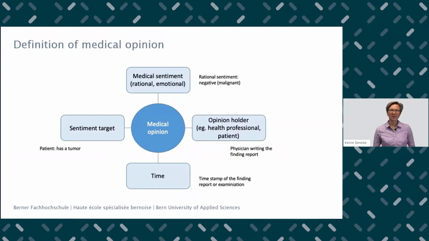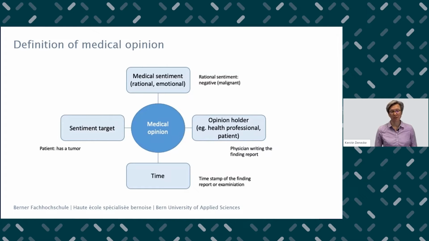So I will start with defining medical opinion. What is a medical opinion? It actually comprises 4 aspects. It has a sentiment target, which is, when we consider the sentence, the tumor is malignant, then the sentiment target is the tumor, or on a higher level, the patient has a tumor.